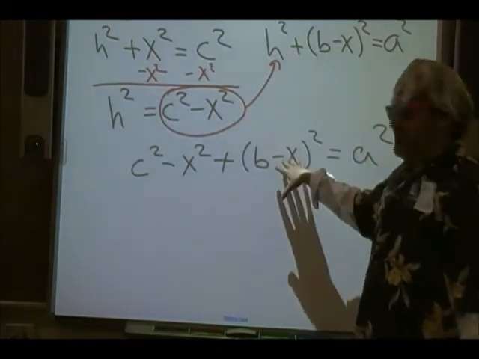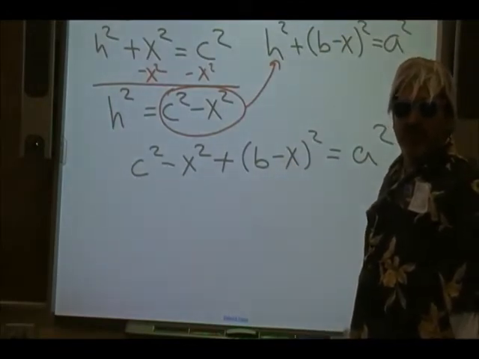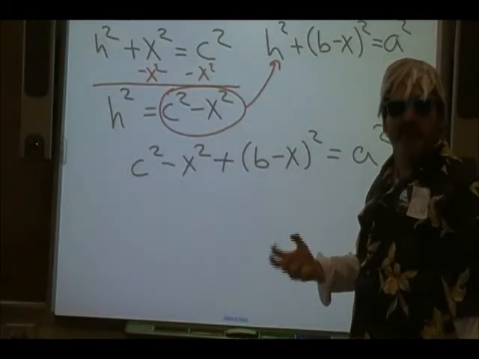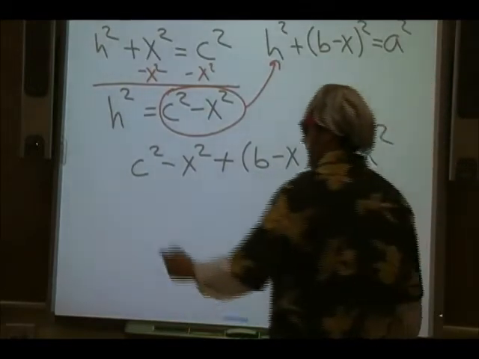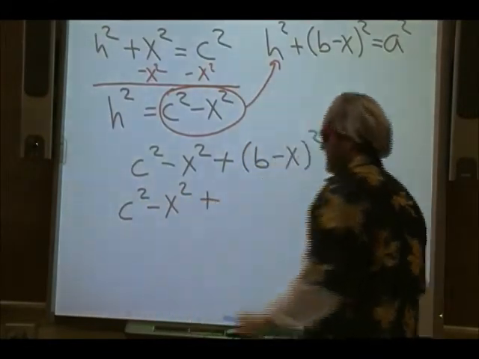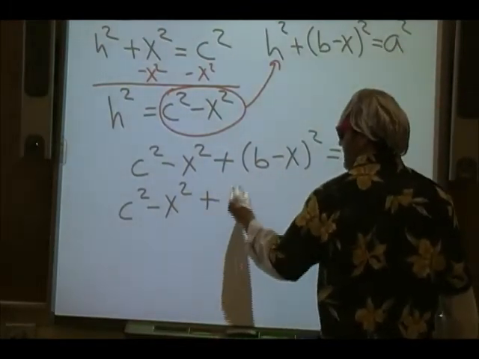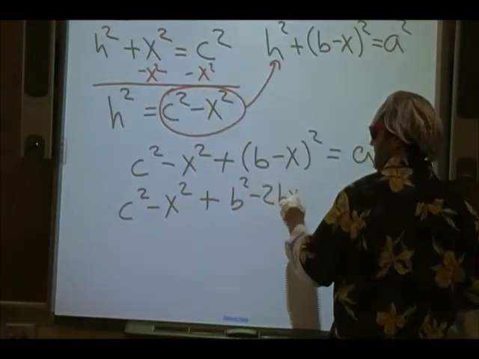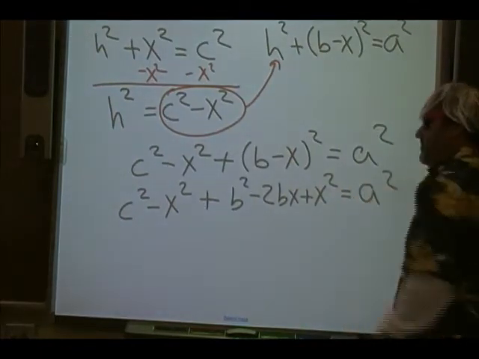Now, you must know how to expand this binomial, right? We're having a picnic. You have to bring some prior knowledge to the picnic. That's where this (b minus x) squared. So I have c squared minus x squared plus, now expand this out, you get b squared minus 2bx plus x squared equals a squared.